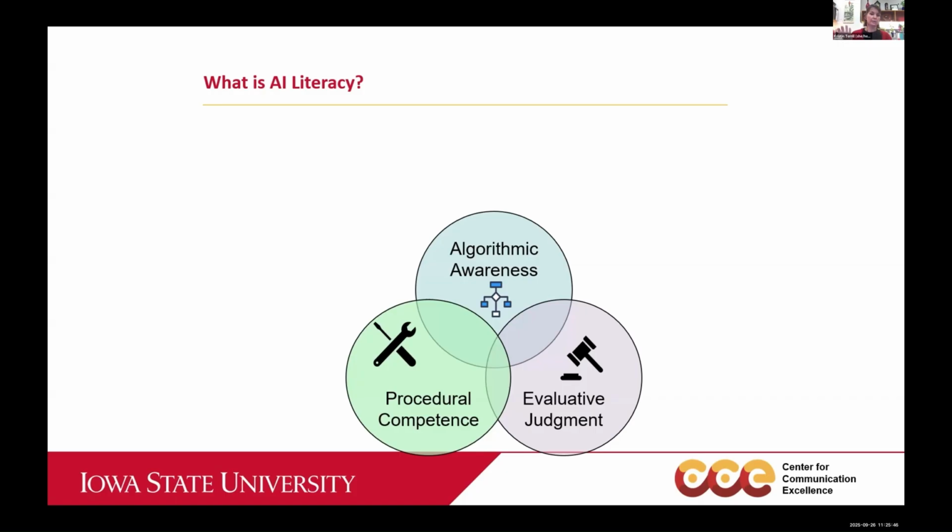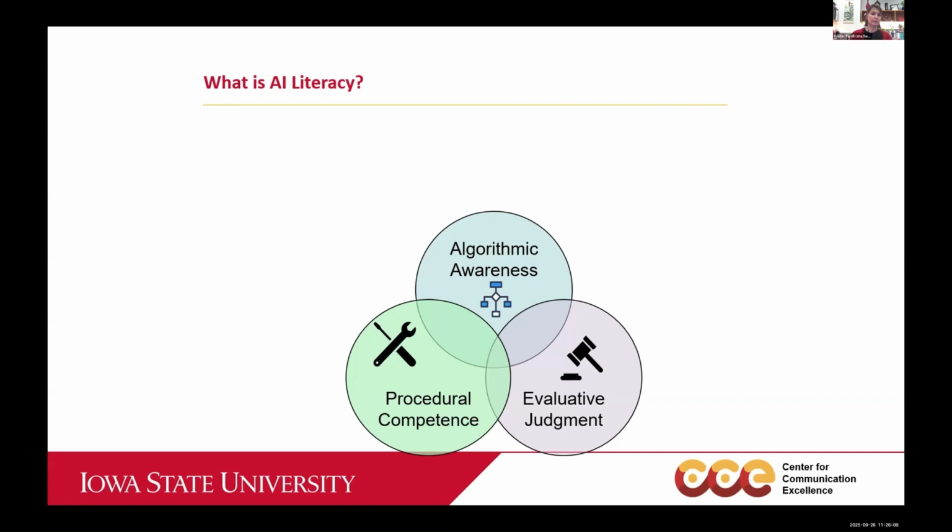It's important if somebody's using AI or in some way interacting with an output of AI, like a search engine result, to be aware of the way that these algorithms work, because that helps us be critical evaluators of their outputs. And then that leads into evaluative judgment.